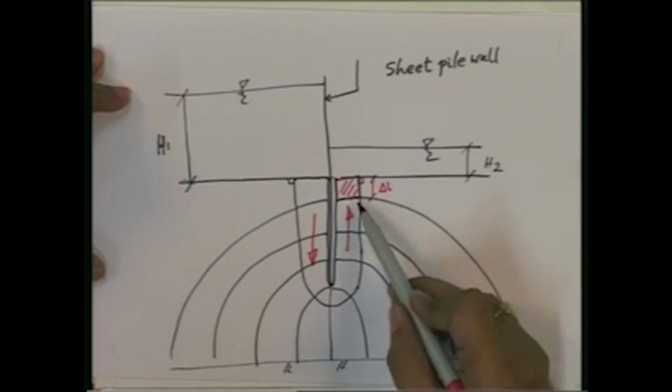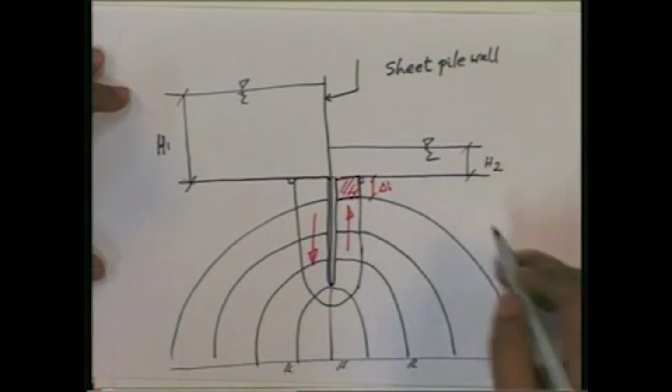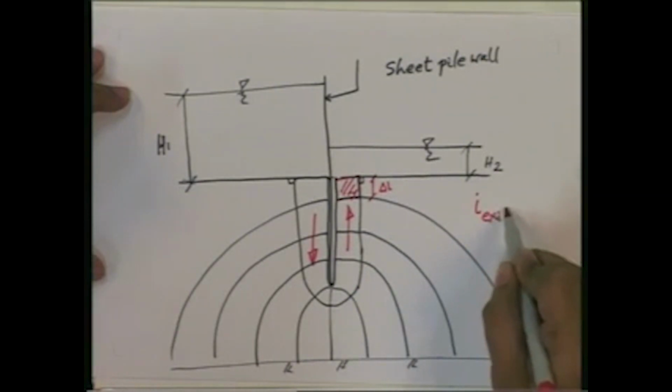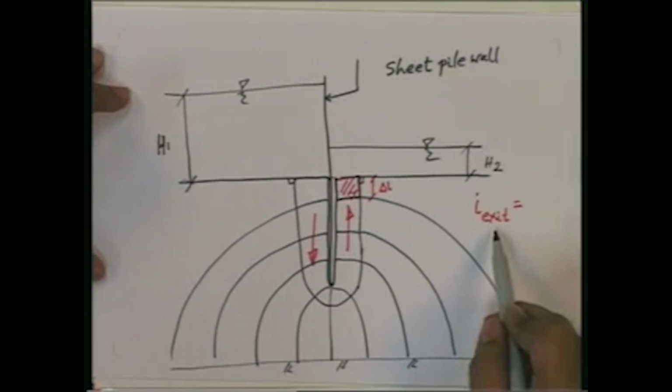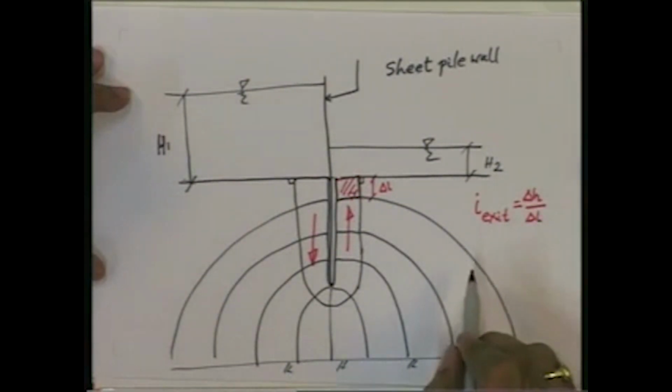In the process, the gradient which exists here is defined as I exit, the exit hydraulic gradient, which is delta H divided by delta L. This is one parameter.